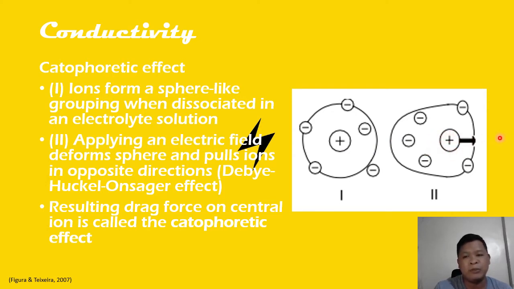Yung positive mapupull sa negative charge, yung negative mapupull towards the positive charge ng electric field mo. Okay? And the resulting drag force on the central ion then is what we would refer to as this cataphoretic effect.